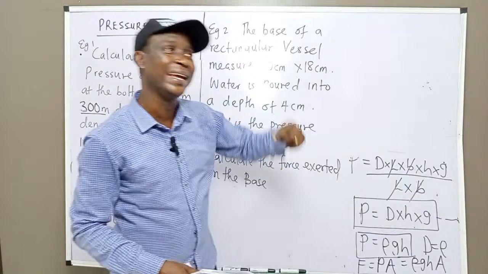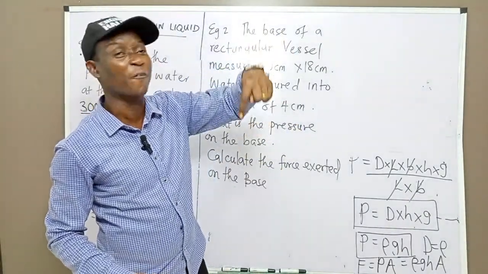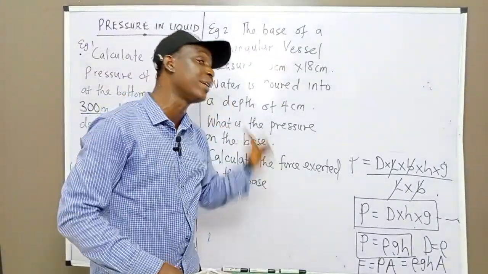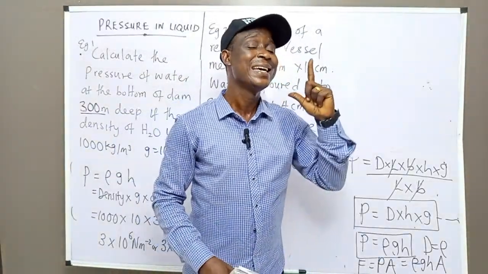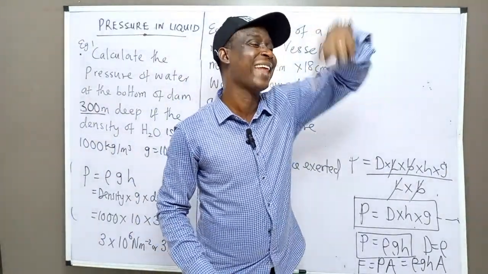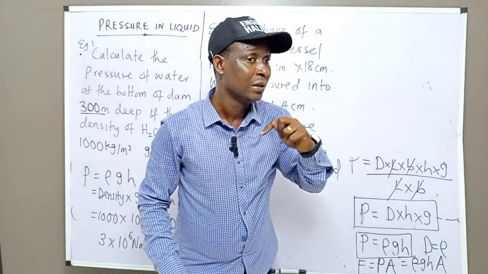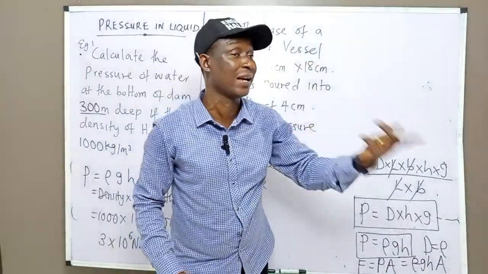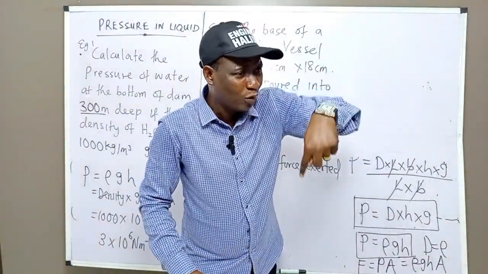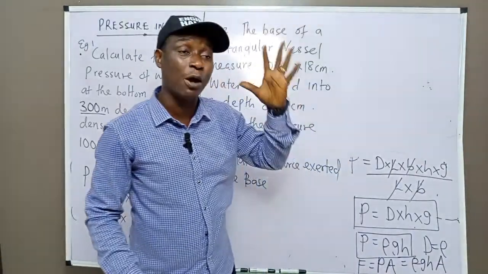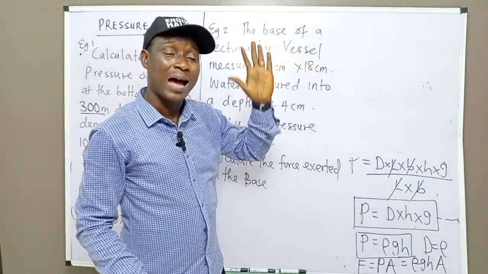That is to say, it's always in the direction of the earth. And when I told you that solids exert pressure in the downward direction, that is to say, gravitational force acts in the downward direction.